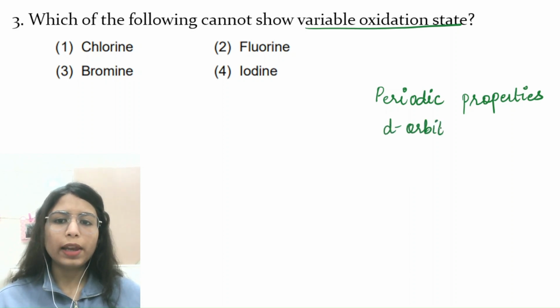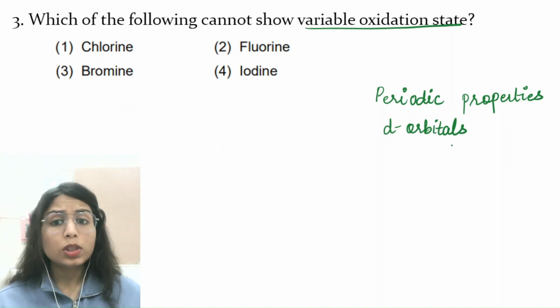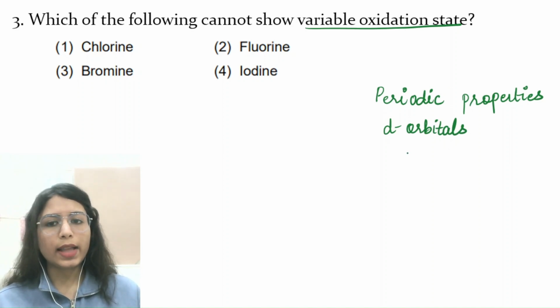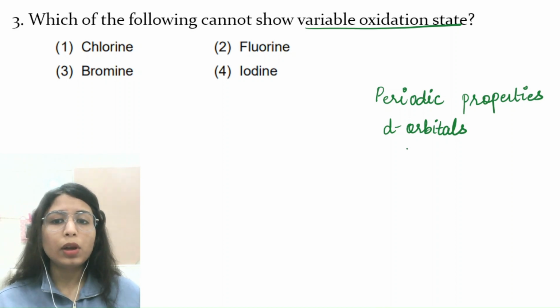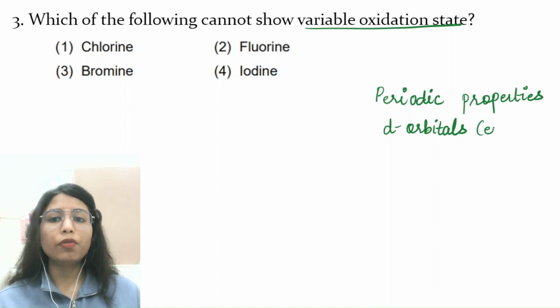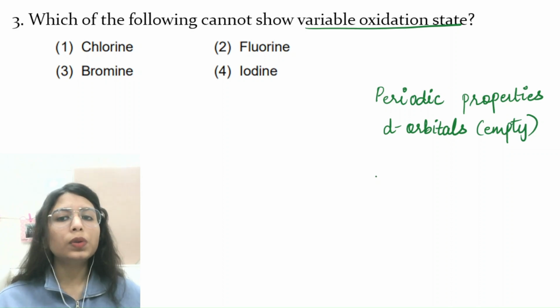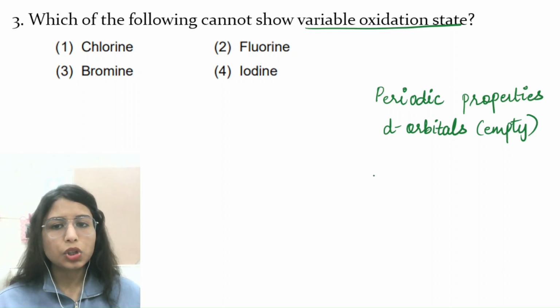In the d block elements, when you study the characteristics, their most significant characteristic is that they are able to show variable oxidation state due to the presence of empty d orbitals. In empty d orbitals, they can accommodate electrons, right? They are able to accept electrons, and they are able to donate electrons, due to which they are able to show variable oxidation state.